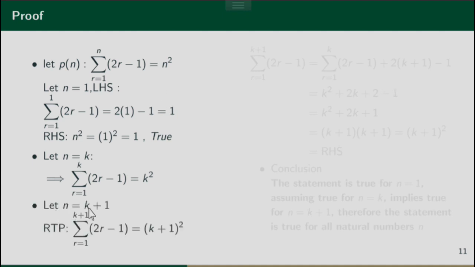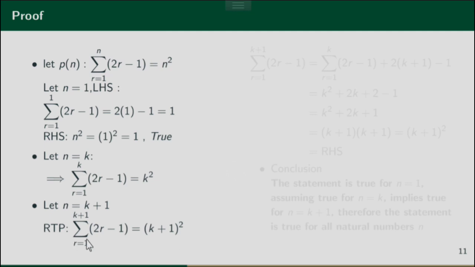So let n equals k plus 1. This is what I'm required to show: the sum from r equals 1 to k plus 1 of 2r minus 1 is equal to k plus 1 all squared. I've substituted n with k plus 1 in the original equation. So this is what I have.